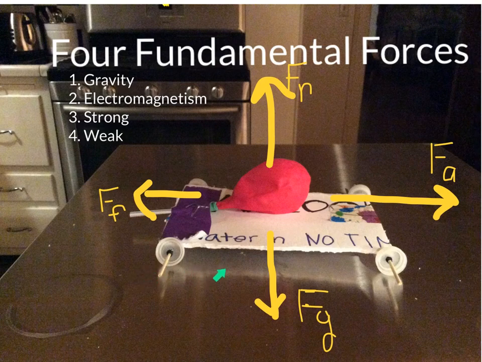So they push against each other. They repel each other, which is why this balloon car is being held up against gravity. That's the normal force. The normal force is the push that the table's atoms give to the car's atoms. The same thing is true for the friction force and for the applied force. If you stop and think about it, and I invite you to do that, you'll realize that it's one type of atom pushing off against another type of atom. And that's really the basics of electromagnetism.